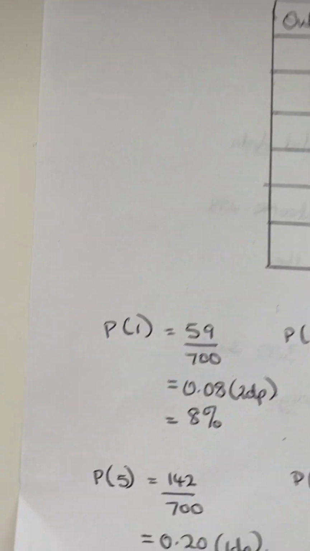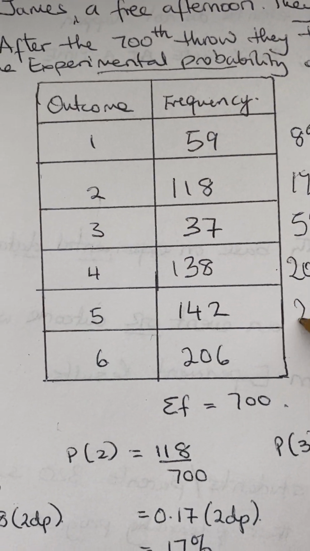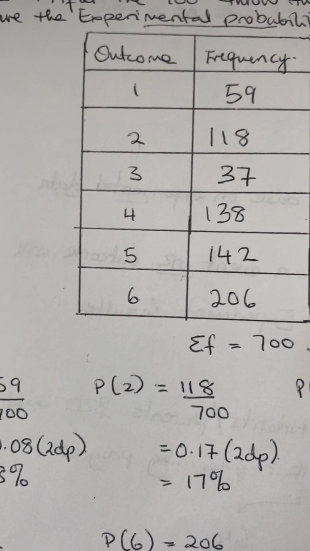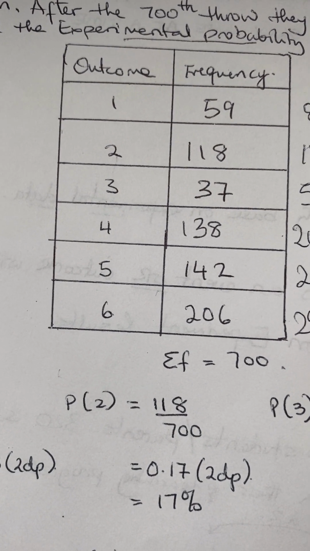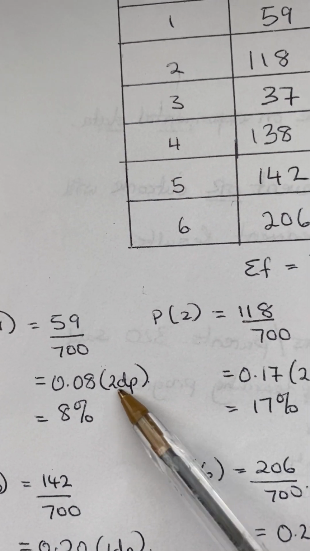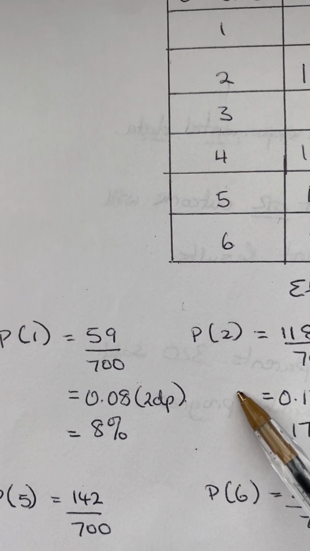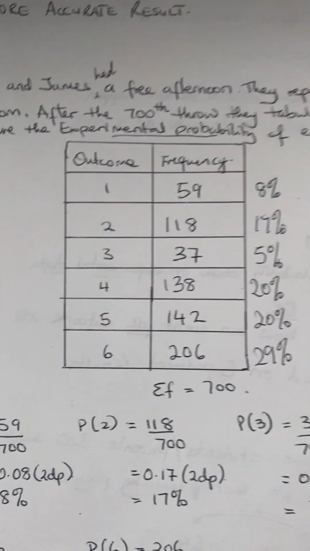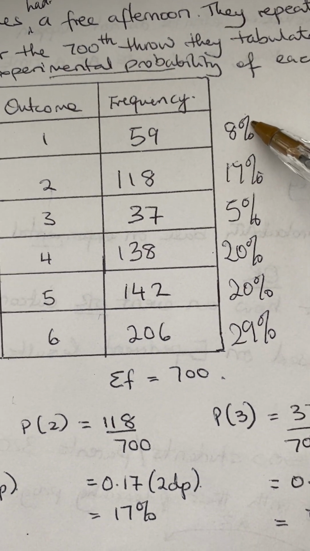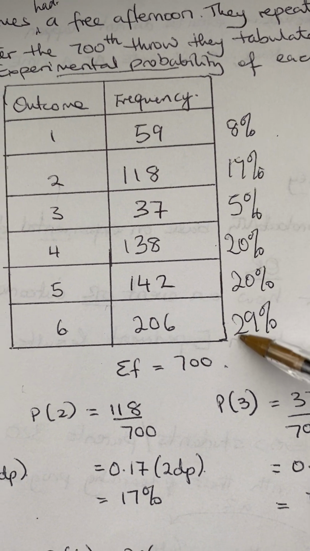Okay. To get a 5 is another 20%. And to get a 6 is 29%. Remember, we round off to 2 decimal places, okay, so that to make our answer neater. So I have written it by the side.